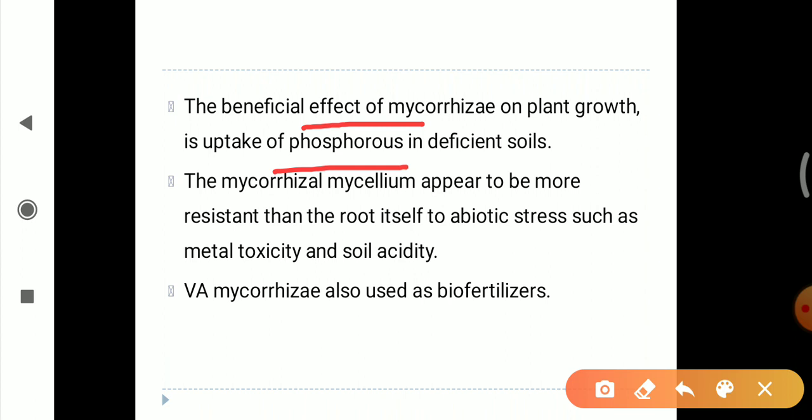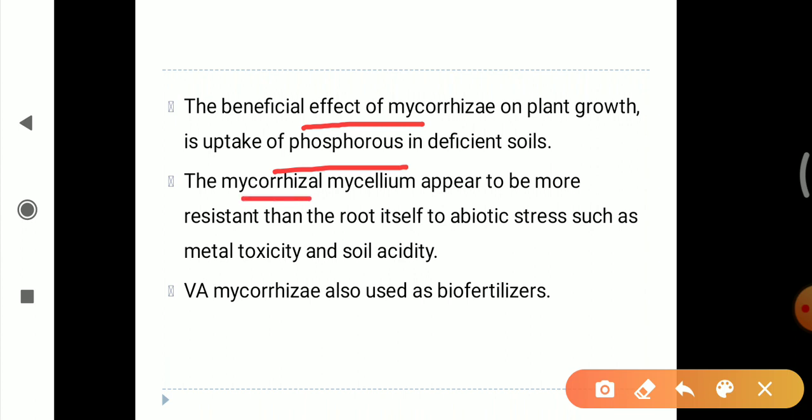The fungi take the insoluble phosphorus, and with enzymes make it soluble, and accumulate it in the fungal sheath layer. When the nutrient is required by the epidermis layer or the cortex, it gives it to them.